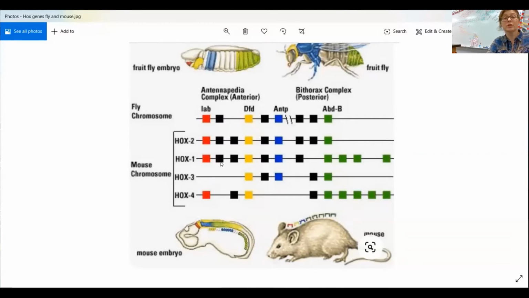In vertebrates, it's showing up on multiple chromosomes, but we're still able to line them up with their homologous, H-O-M-O-L-O-G-O-U-S, I guess, H-O-M-O-L-O-G-U-S. So it means coming from the same origins, the same sequence of genes, that would make sense to be passed down over evolutionary time and showing up in vertebrates as well.